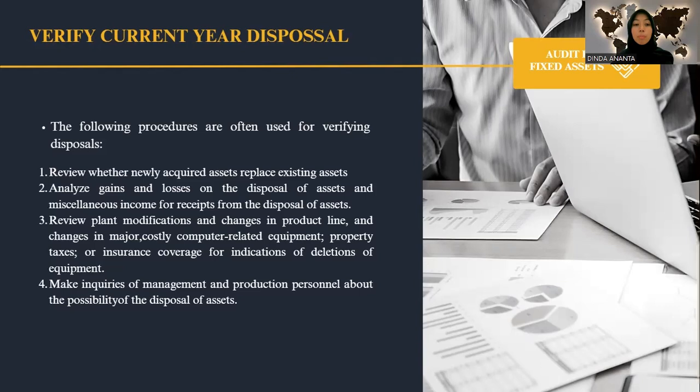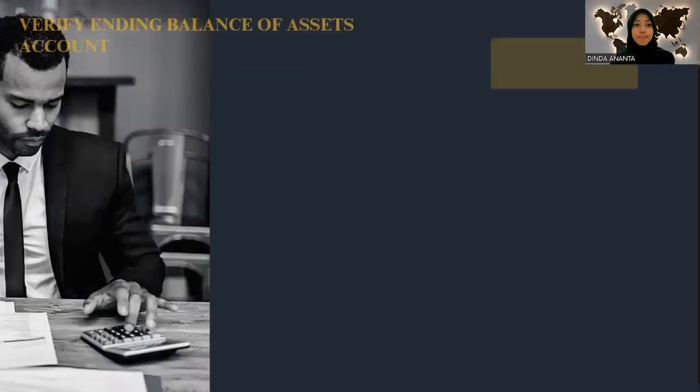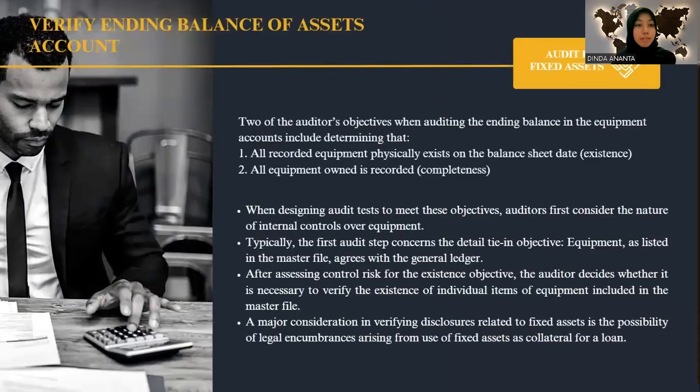Third, scan modifications and changes in product line and changes in major costly computer-related equipment, property tax or insurance coverage for indication of deletions of equipment, and make inquiries of management and production personnel about the possibility of disposal. Then, verifying ending balance.